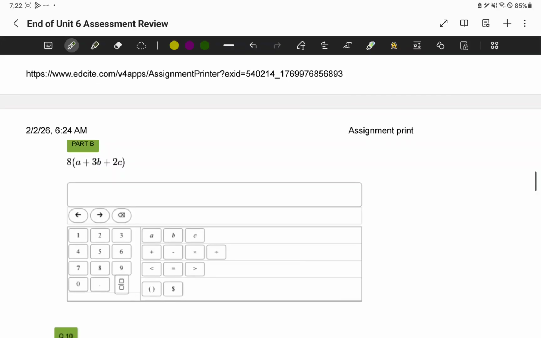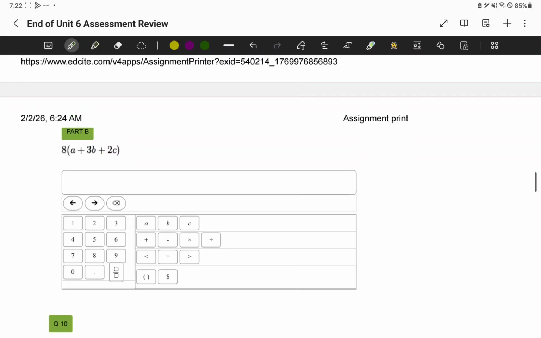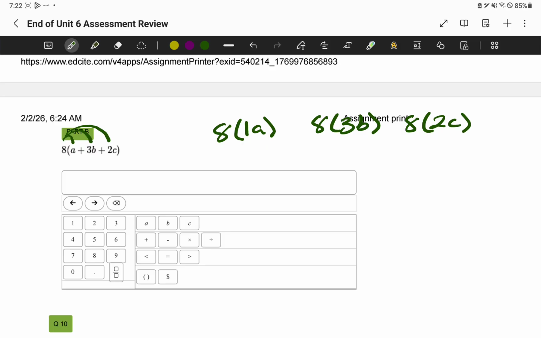Now, part B. Same thing, it's just this time we have 3 of them. We take what's outside and we multiply it by everything inside. So 8 times 1a, 8 times 3b, 8 times 2c.